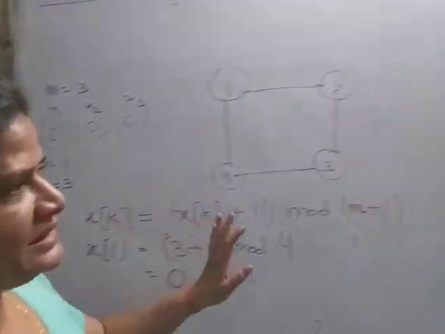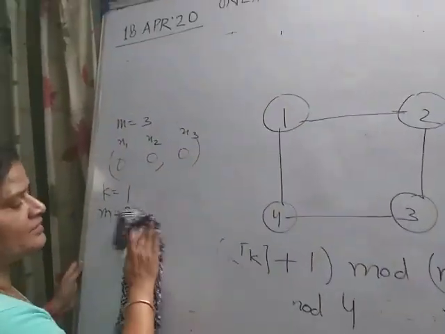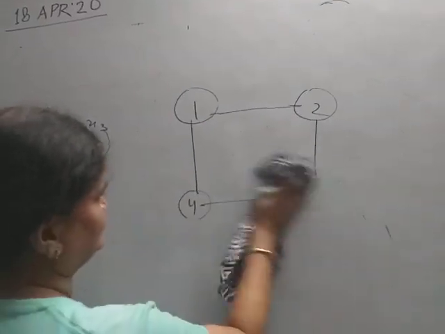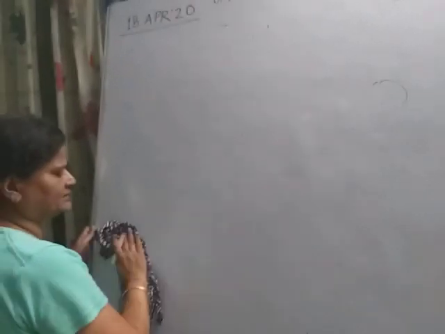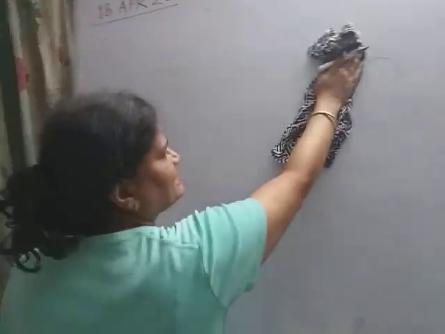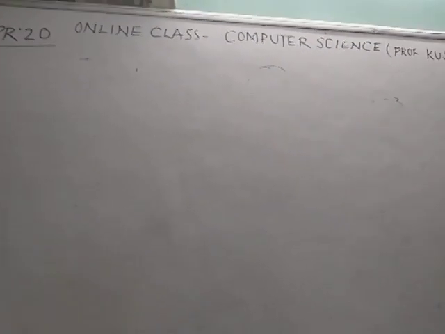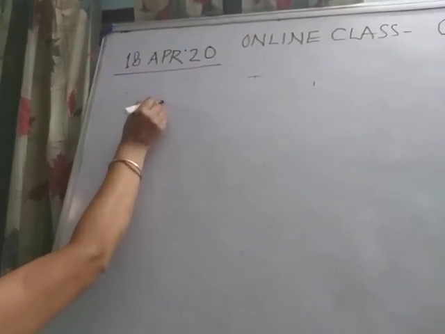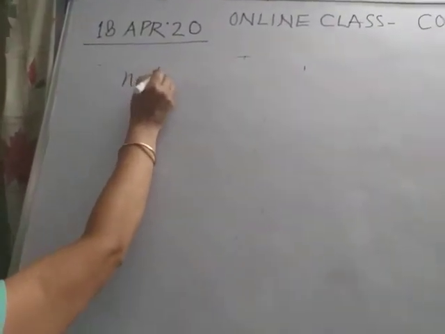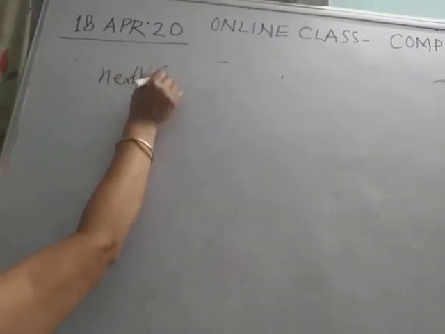Here the graph is stored in an adjacency matrix, and now I will write a bounding function that will generate the next highest numbered color. I am taking the same function name, NextValue, which is the bounding function.